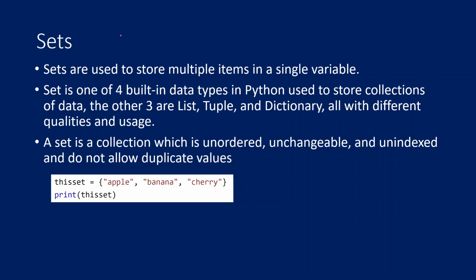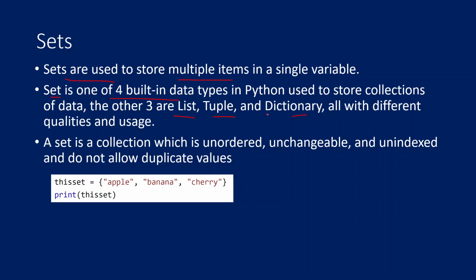If you have seen my previous video, as I said, a set is one of the data types in Python which helps you store multiple items in a single variable. To store multiple items in a single variable, there are basically four data types available: list, tuple, dictionary, and set. We have already discussed list and tuple in past videos, and sets at a high level in the previous video.